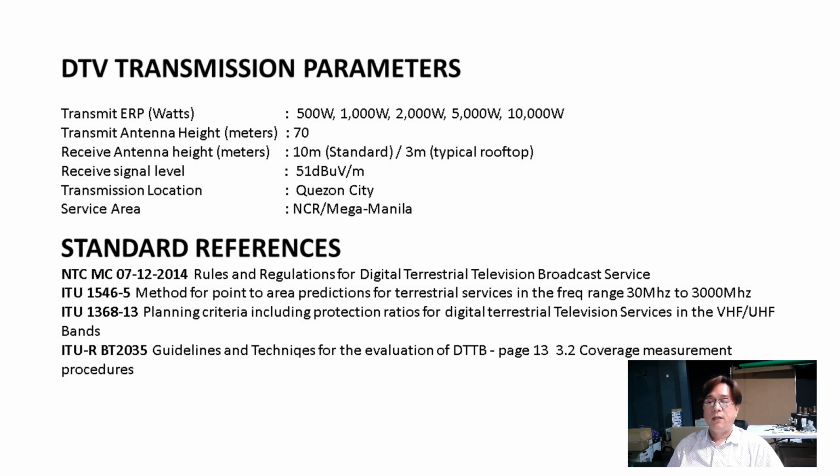And then the ITU-R BT.2035 is guidelines and techniques for the evaluation of DTTB or digital terrestrial television broadcasting. And then for our local regulatory standard from the National Telecommunications Commission, Memorandum Circular 07-12-2014.